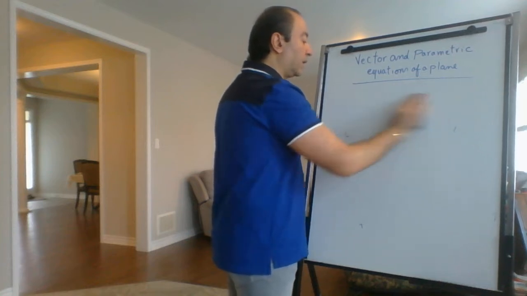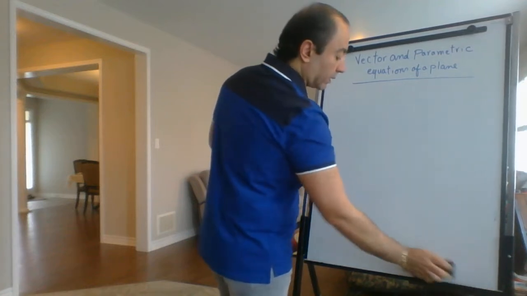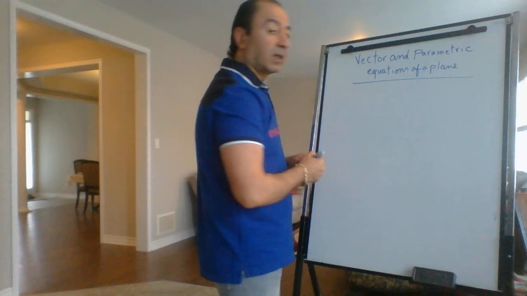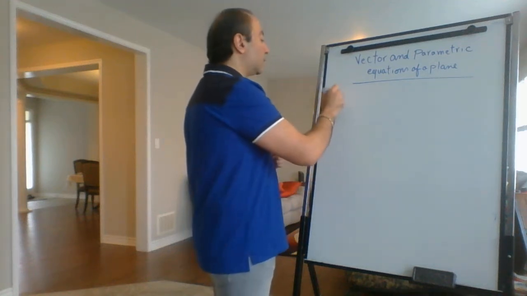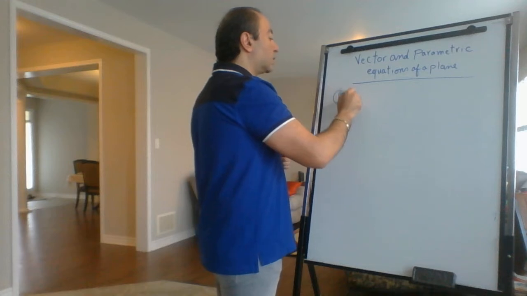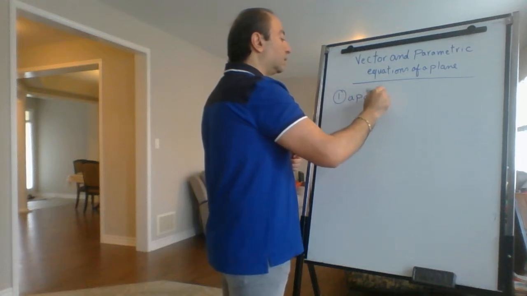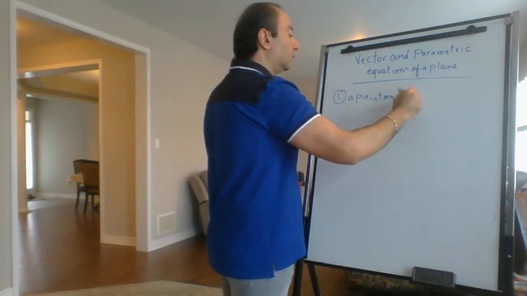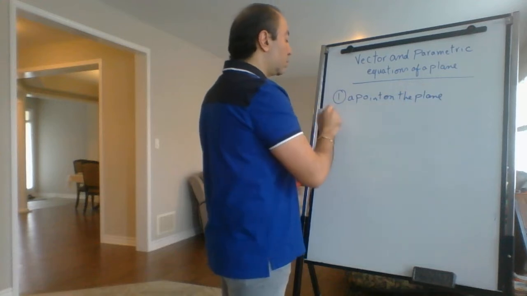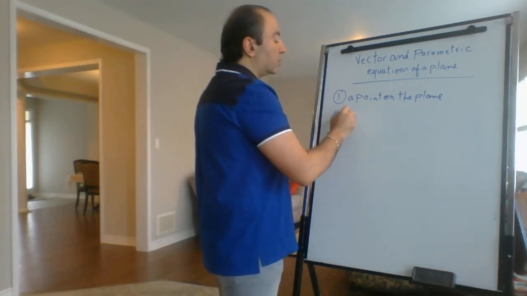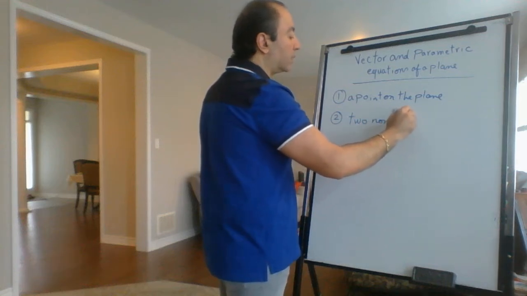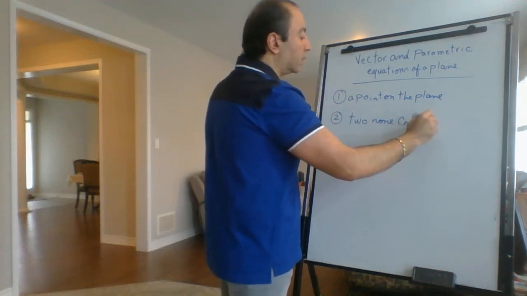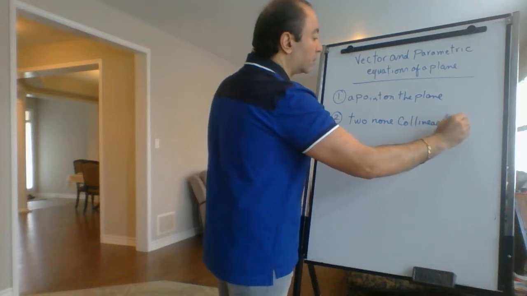Now, in order to find a vector or parametric equation of a plane, we need 2 things. One, a point on the plane. 2, non-collinear direction vectors.